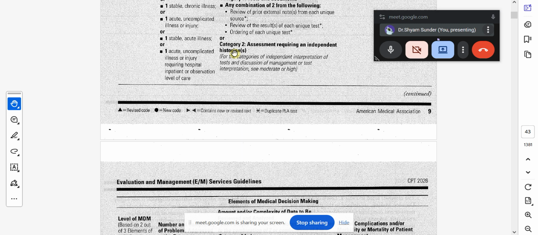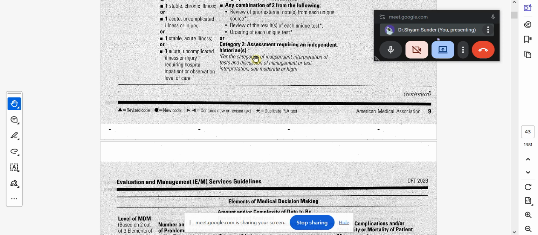Now category two, assessment requiring an independent historian. What do you mean by this? Who is an independent historian? Imagine a patient is Spanish speaking patient, and doctor doesn't know the Spanish language, he only speaks English, understands English.